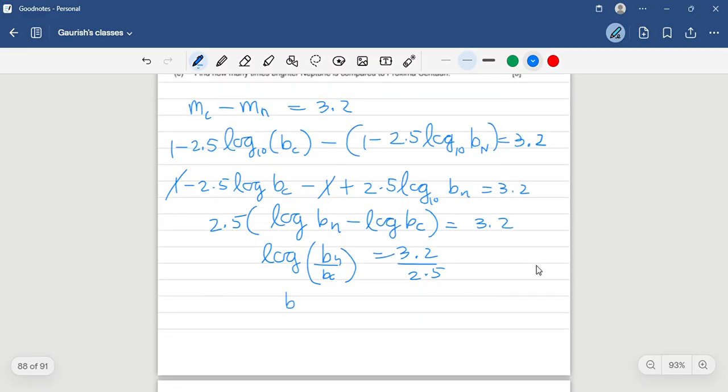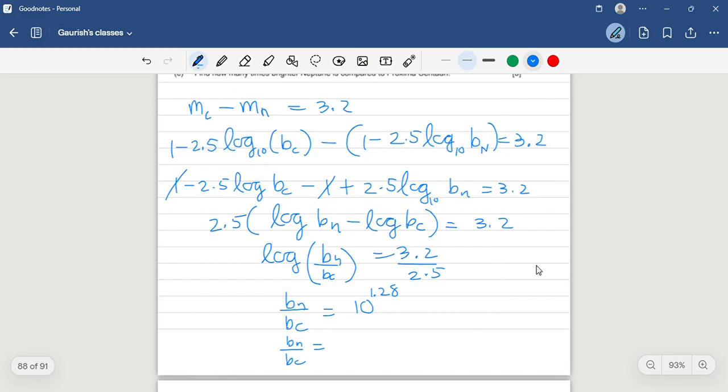So that means this Bn upon Bc will be nothing but 10 to the power of that ratio. Now that ratio value is how much? 3.2 over 2.5 comes to 1.28. So the ratio Bn upon Bc will be 10 to the power of 1.28. I'll quickly find it.